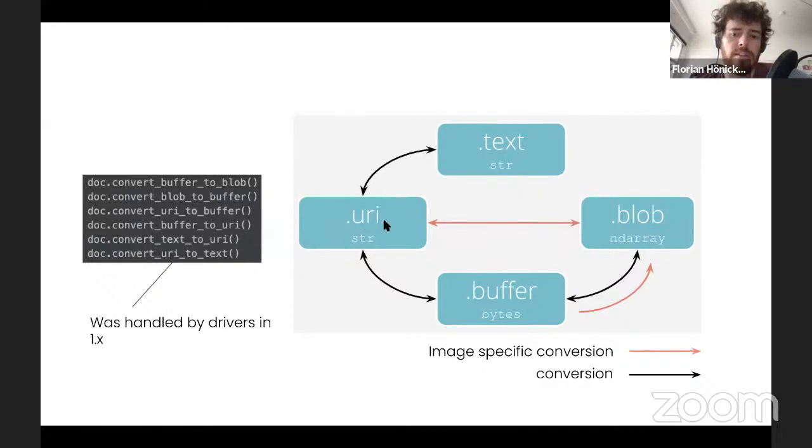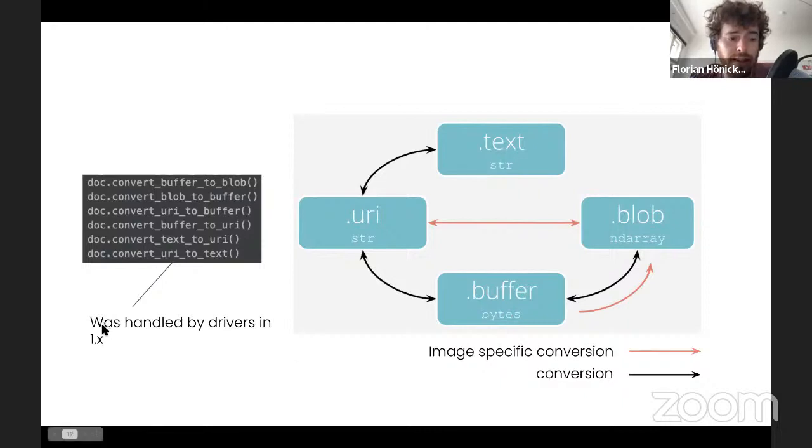And then at any point you can convert it back to a buffer, for instance, or to a blob to actually process on this data. So very handy, this conversion. Here you see the red lines. These are conversions we made specifically for images. So for instance, the buffer to ndarray. This is a typical operation you do on images.